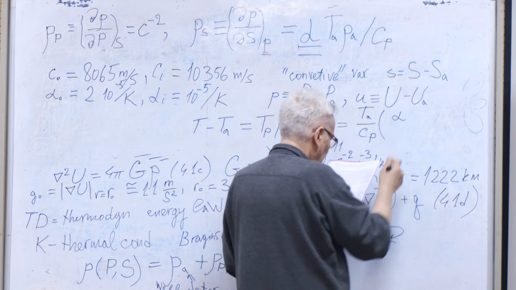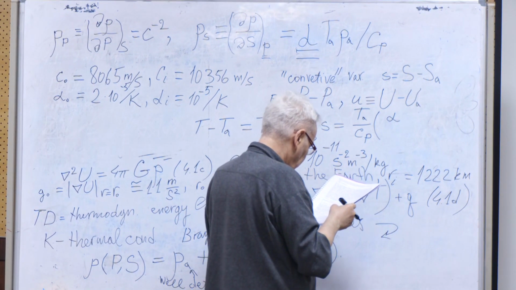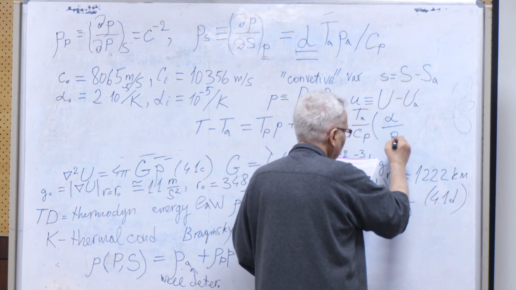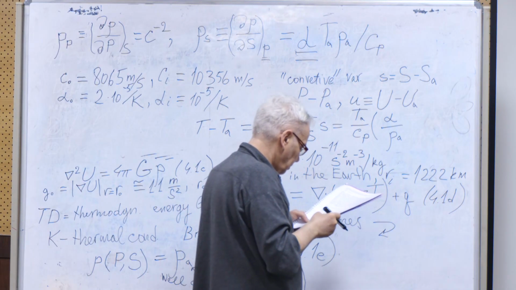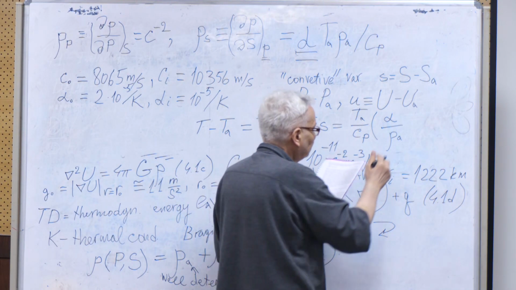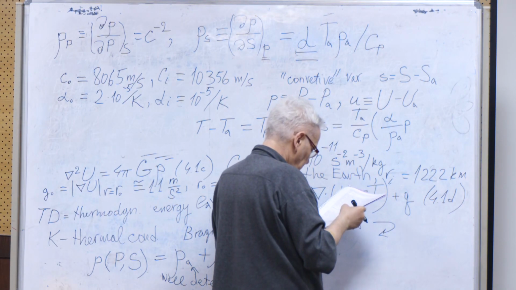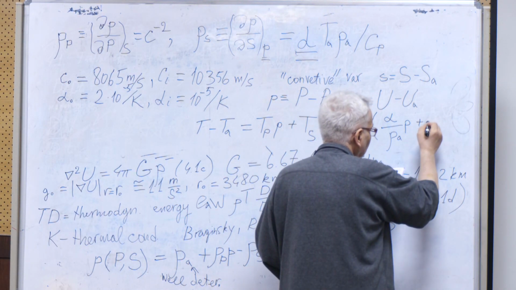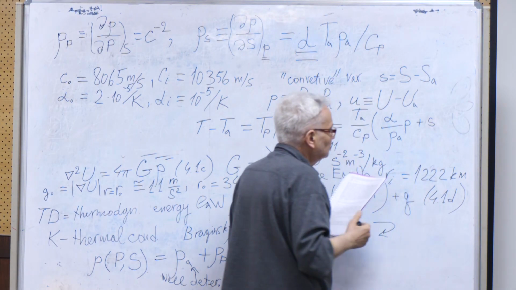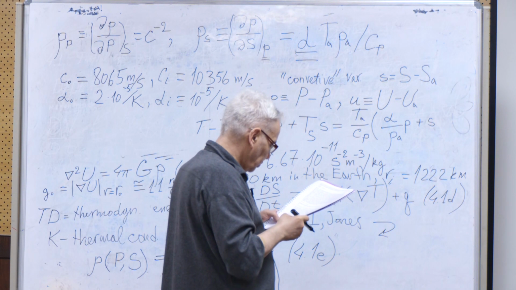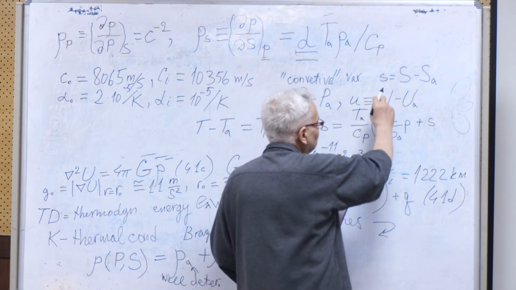Let me write it in a more convenient way: alpha divided by the adiabatic density, multiplied by small p. Finally, we have the addition of the small s, which comes from the entropy in this way.